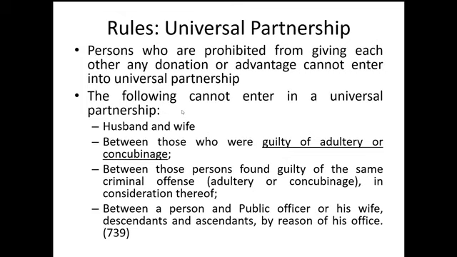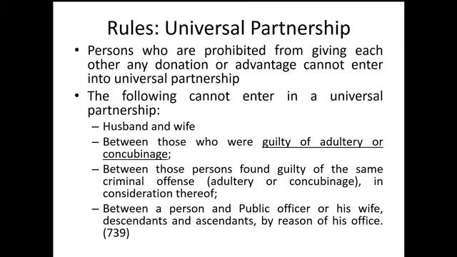Between those who are guilty of adultery or concubinage, between persons found guilty of the same criminal offense of adultery or concubinage in consideration thereof, and between a person and a public officer or his wife, descendant and ascendant by reason of his office. So remember, these are prohibited to give donation to each other, so they cannot enter into a universal partnership, whether of all present property or all profit.